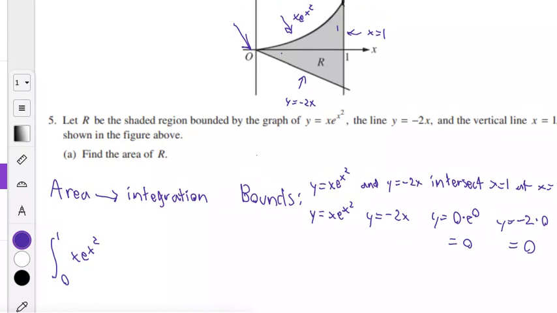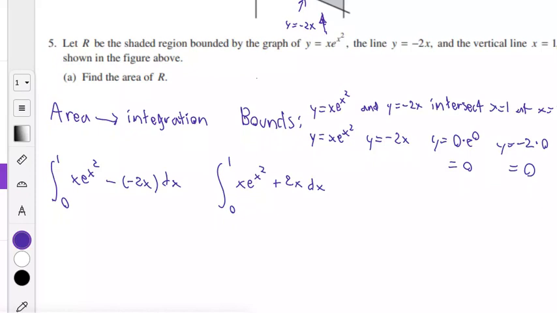However, we also have this line y equals negative 2x, and we're finding the area above it. Since we're finding the area above it, we have to put it in as negative in the integral, so we're subtracting negative 2x. Because it's below xe to the x squared, and we're integrating above it.